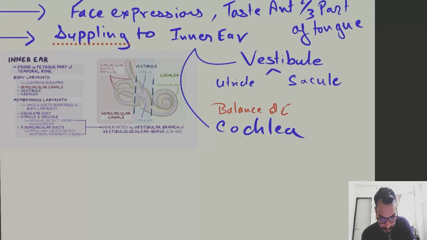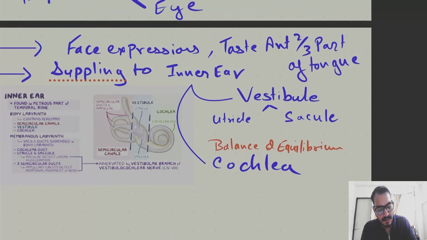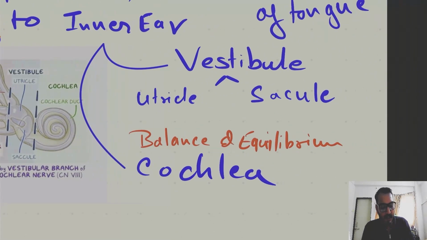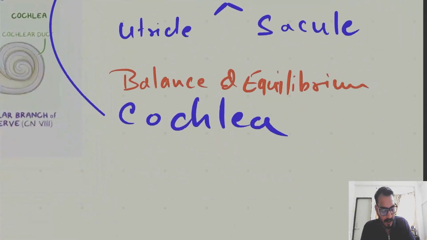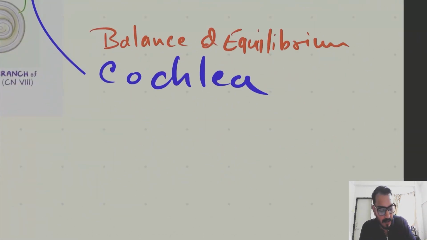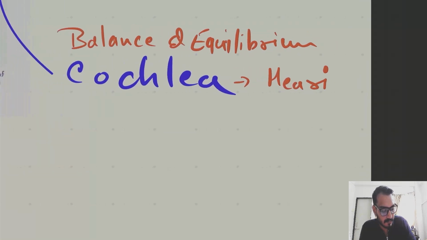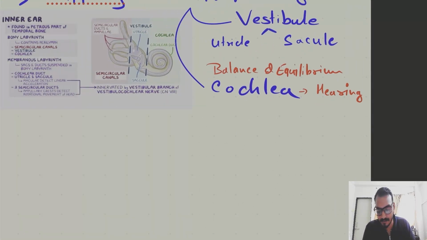These two parts, utricle and saccule, are giving linear balance. And the cochlea is for hearing, guys. The function of the cochlea is hearing.